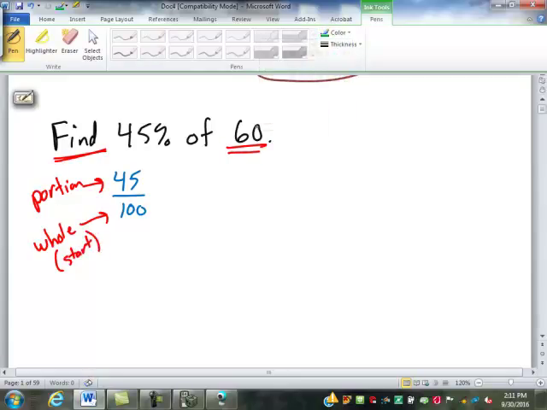So in this case, we're asked to find 45%. So what it's asking us to do is find that number that represents the piece that we're looking at, the same as the 45%. So our missing number goes up here. Of 60, we can think of that as being out of 60, which implies the 60 is the larger group that we're trying to find it out of.